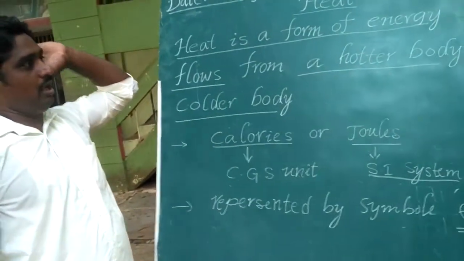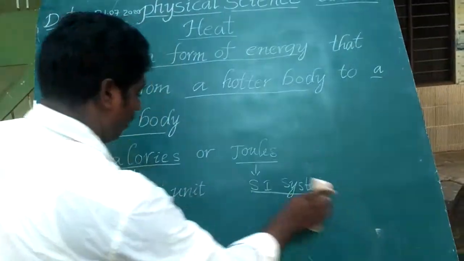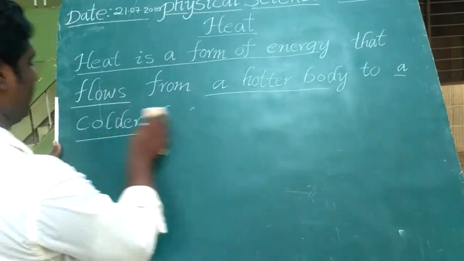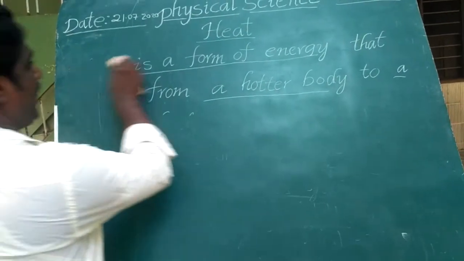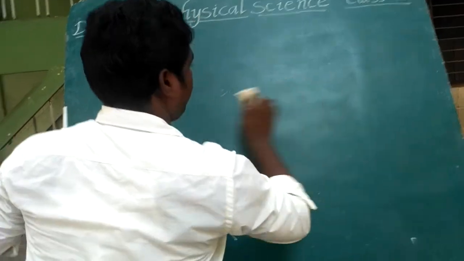Okay, students. Now, heat always flows from a hotter body to a colder body. Next, based on this definition, we solve the given problem.